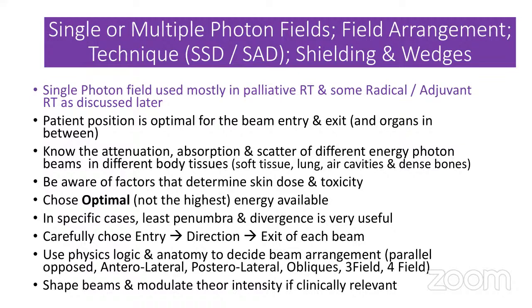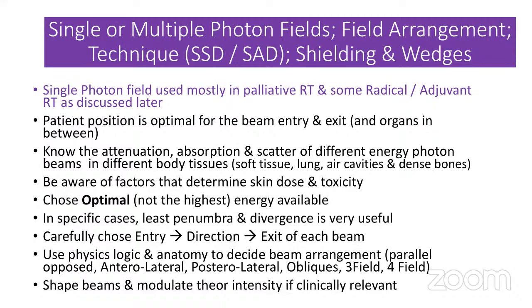Suppose you don't want to treat to much greater depth. Electrons are almost always a single field, but I'm talking of photons. Supraclavicular fossae you might very often treat with a single photon field. Sometimes, of course, if you are using IMRT, or even 3D CRT, a posterior field is used, but generally a single anterior field, and many other examples.